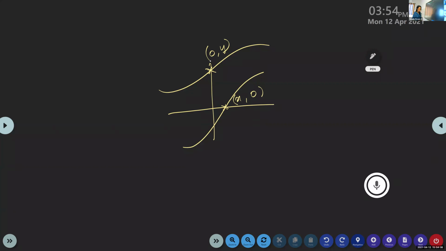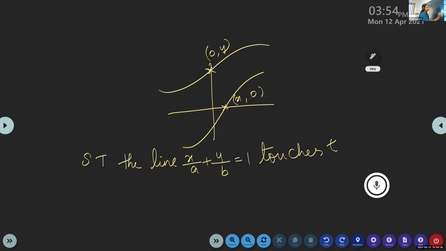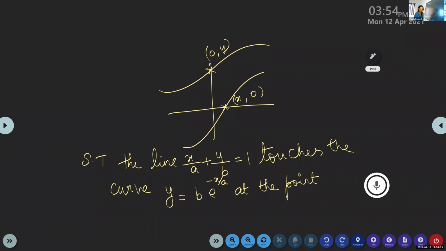Show that the line x by a plus y by b is equal to 1 touches the curve y is equal to b e raised to minus x by a, at the point where it crosses the y-axis.